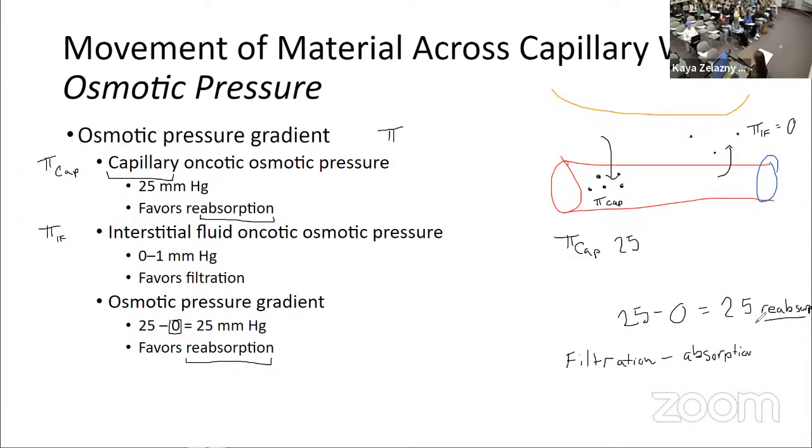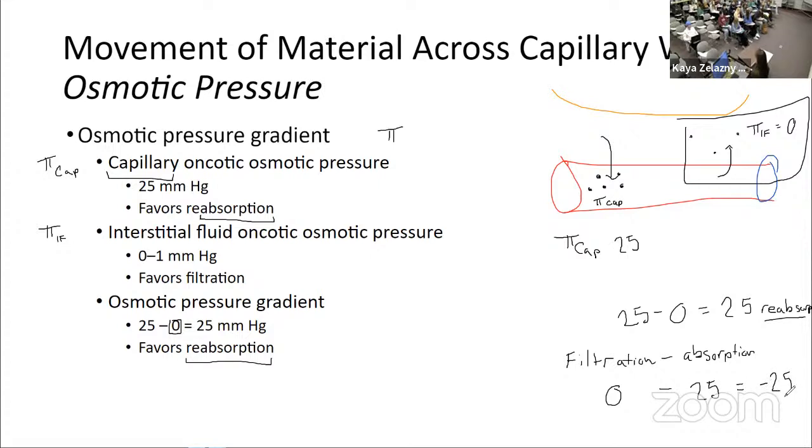Our force for filtration is the direction out of the capillary. So that would be 0. And then we'd subtract our force for absorption, which would be 25. And we'd get a negative 25.